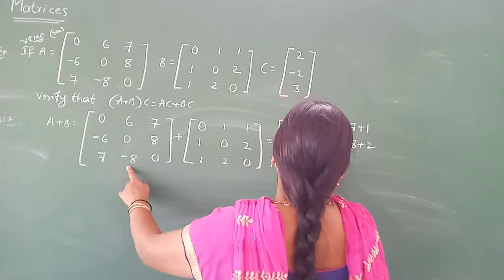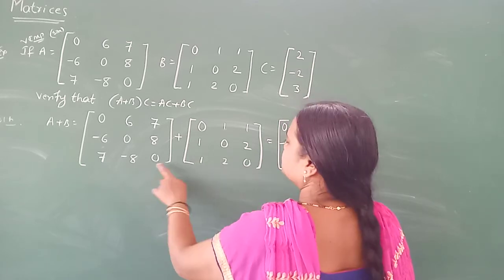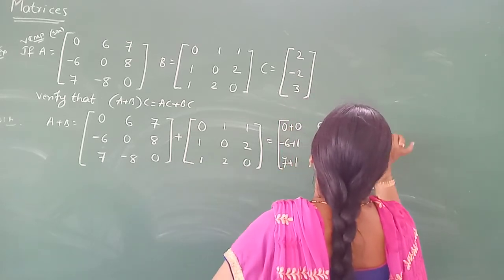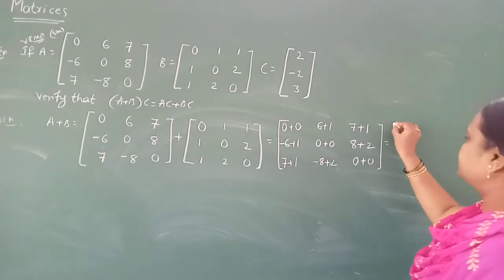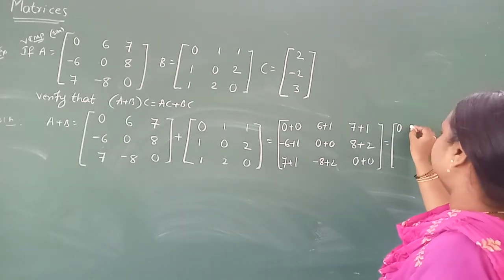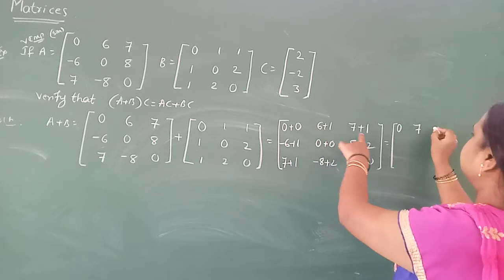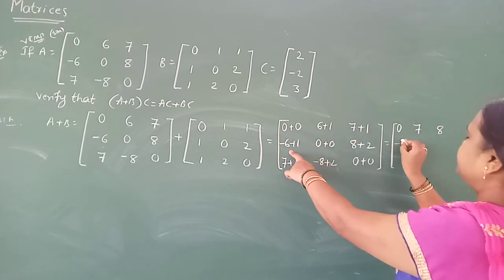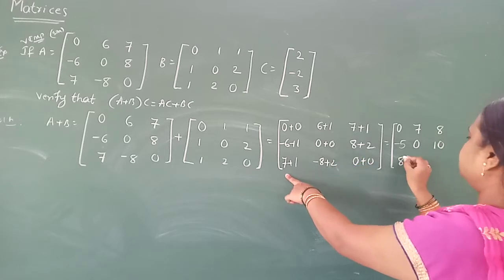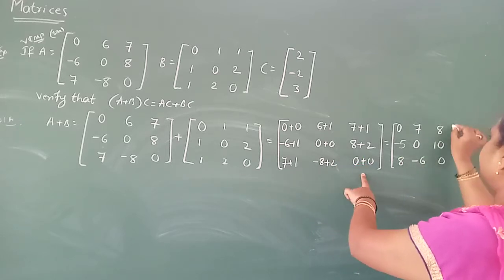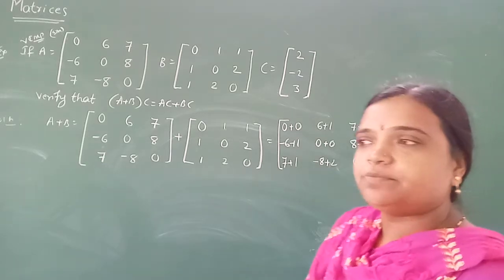Next minus 8 plus 2. 0 plus 0. Okay, we will get the answer: 0, 6 plus 1 is 7, 7 plus 1 is 8, minus 5, 0, 10, 8, minus 6, 0. This is A plus B.